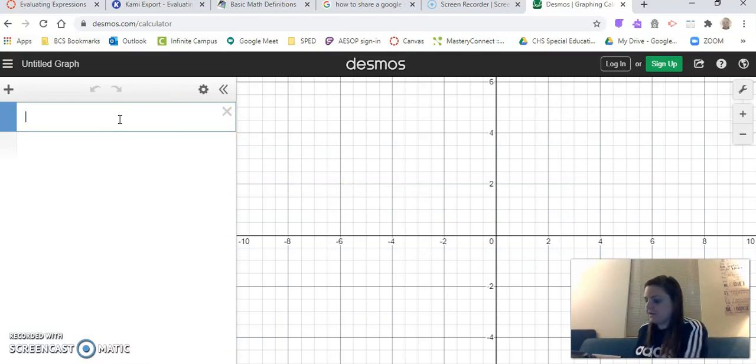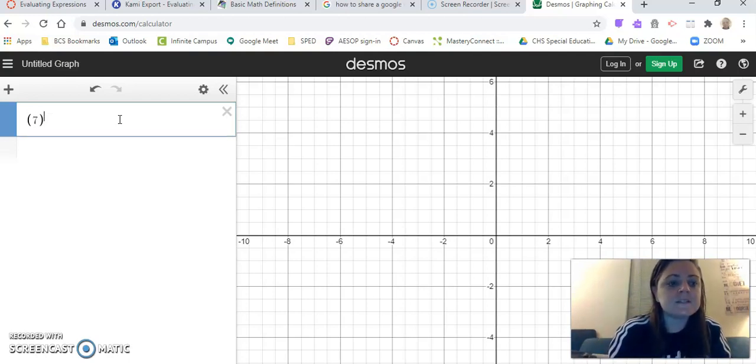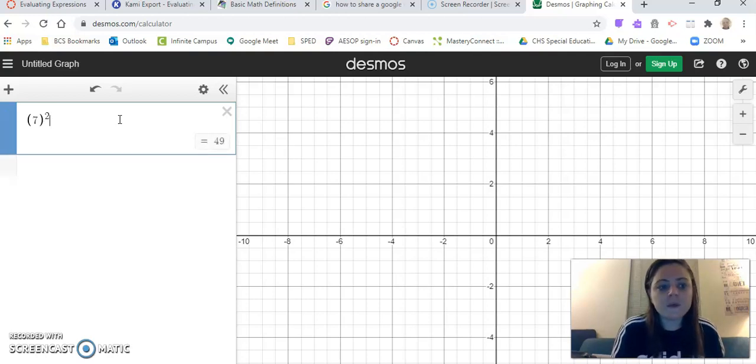So in the graphing calculator, you need to write parentheses 7, close parentheses, to the second power. Now when we're raising something to the second power, we have to use that little caret. So that's above the 6, so shift 6. To the second power, then arrow to the right.